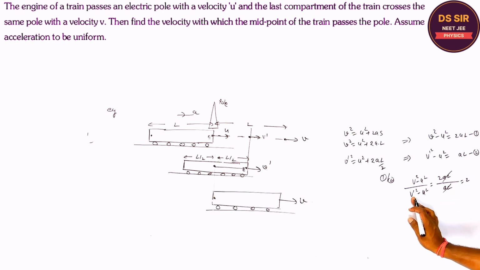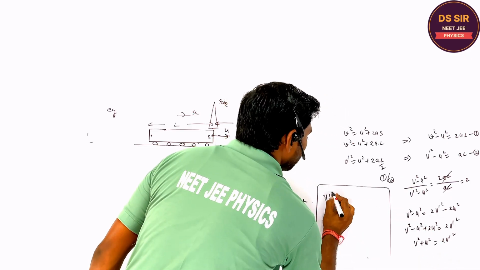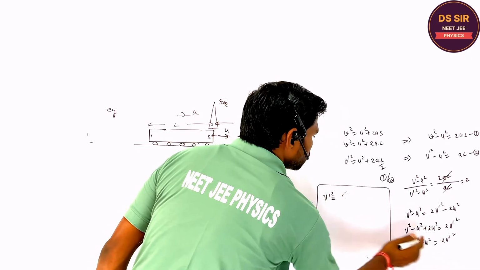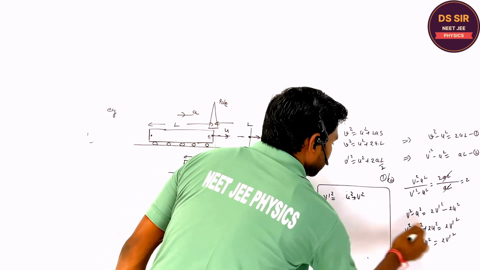So we have to find v dash. V square minus u square is equal to 2v dash square minus 2u square. This goes this side: v square minus u square plus 2u square is equal to v square plus u square, which is equal to 2v dash square. So v dash square is u square plus v square, by 2.